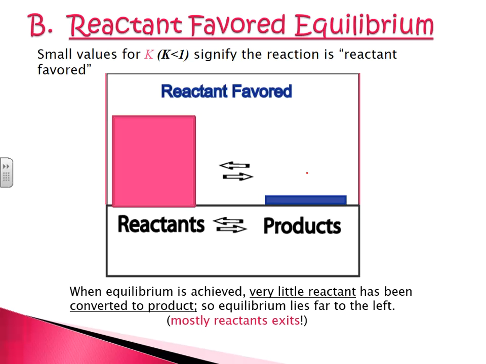When you have a K less than 1, what that means is that when equilibrium was achieved, very little of the reactant has actually been converted to product. So the equilibrium is said to lie far to the left because mostly reactants exist and the reactants are on the left side.